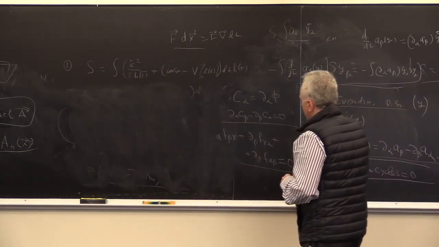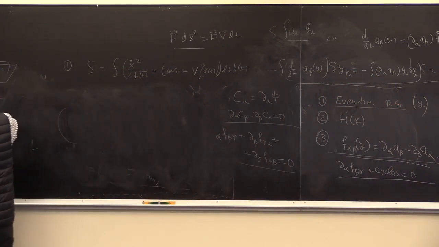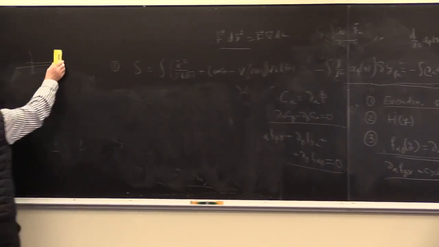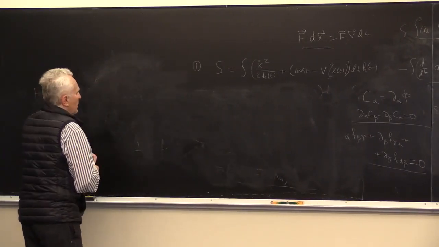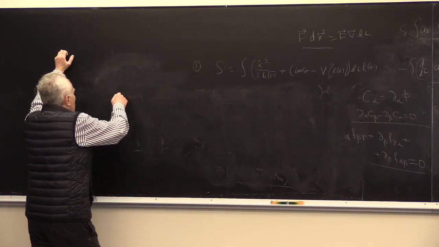We have this Hamiltonian system, and we have the phase space, and we now want some general properties of this motion. And I shall actually begin with something quite simple.